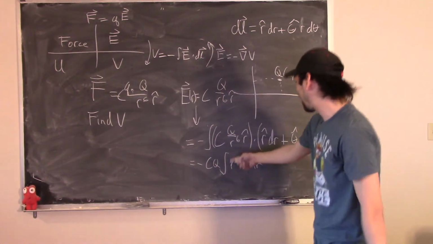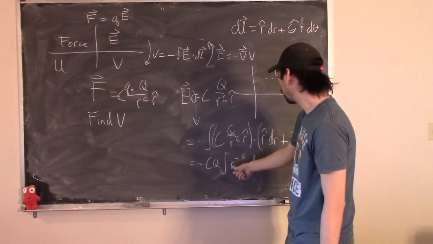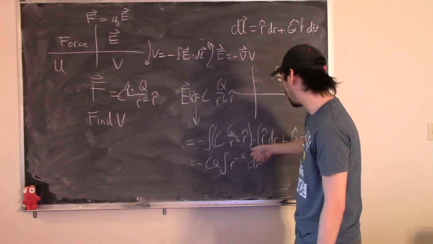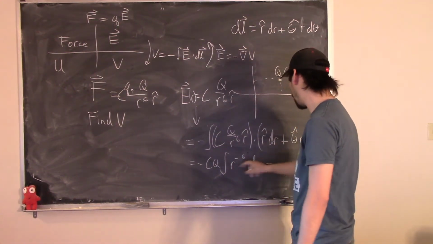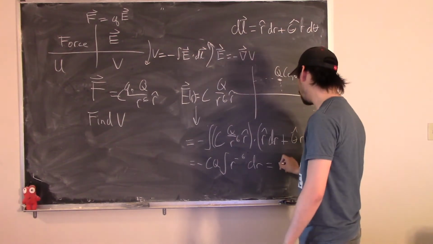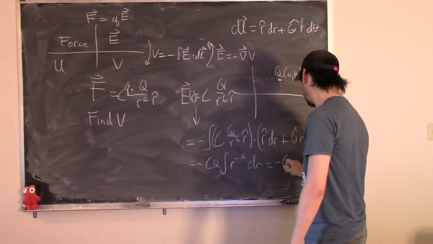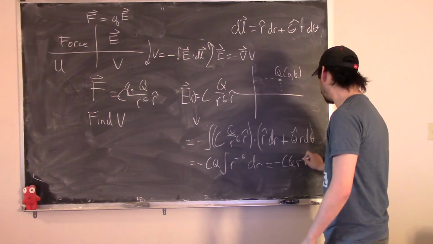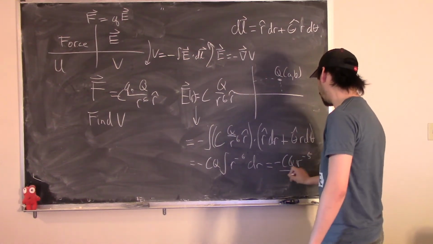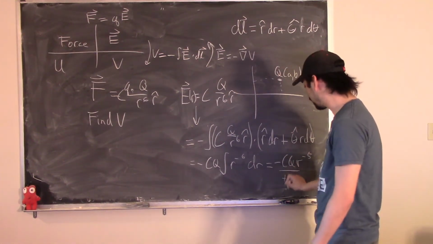So this would be like x to the minus 6. We look at the power here, add 1 and divide by that same value. So this is going to be equal to minus CQ r to the minus 5 divided by minus 5. This is going to cancel here.